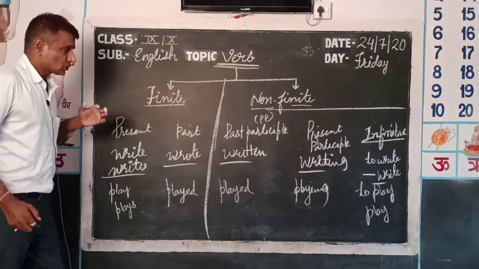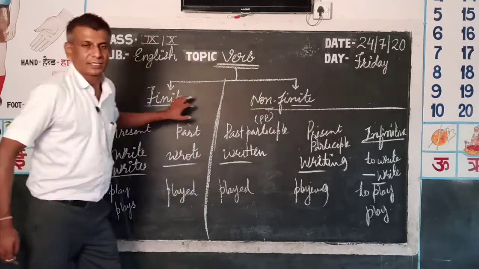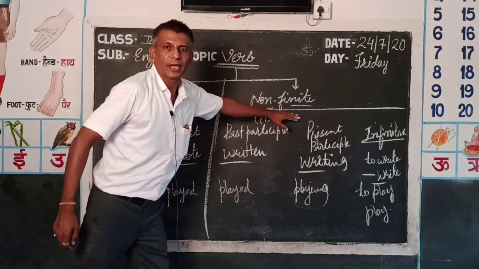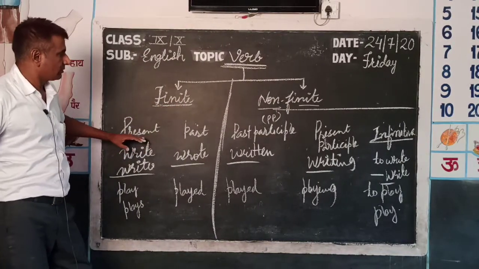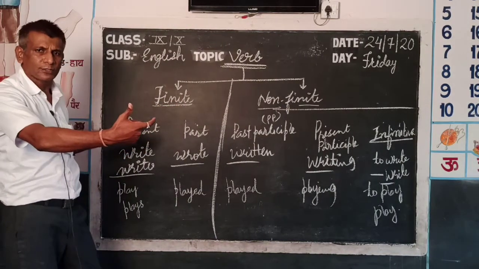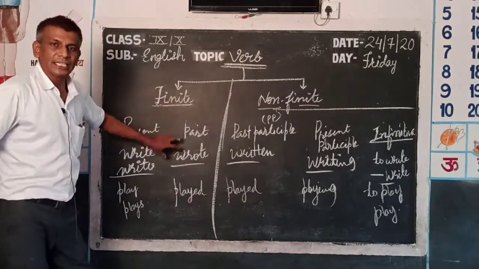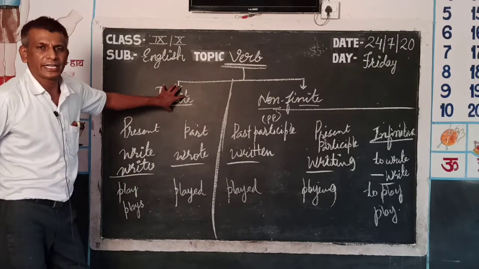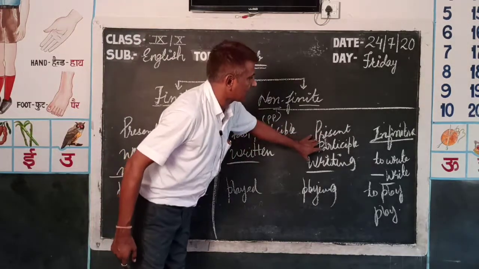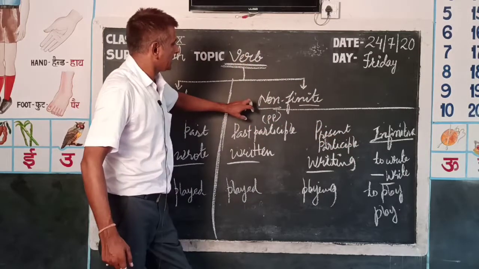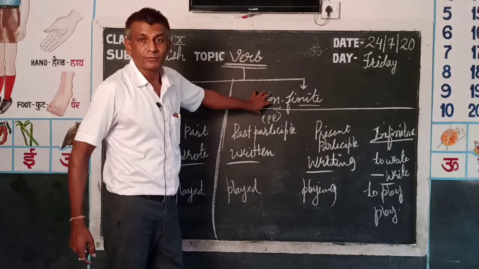So we have divided the verb into two parts, finite and non-finite group.